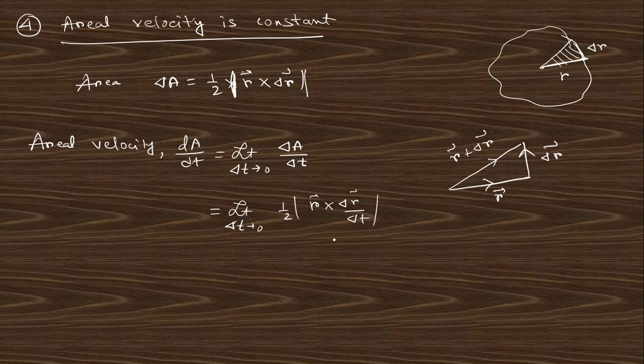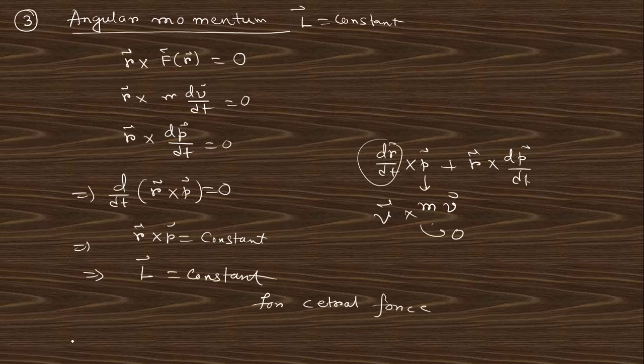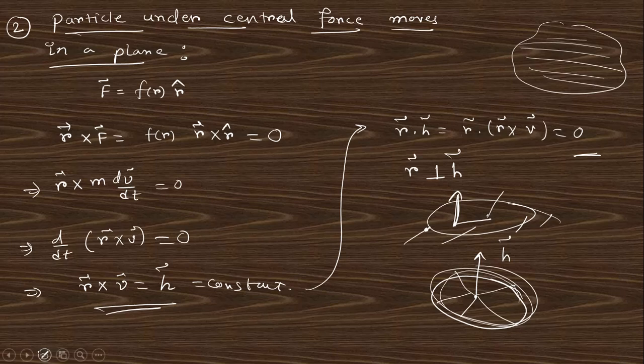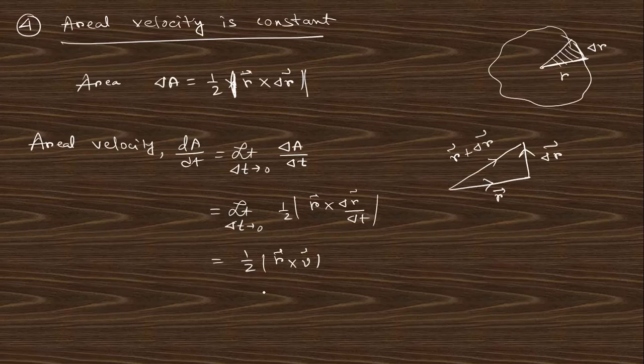Here r is a constant and delta r changes, so this is nothing but r cross v. Previously we got r cross v is the h vector, and h is constant, which we already proved.